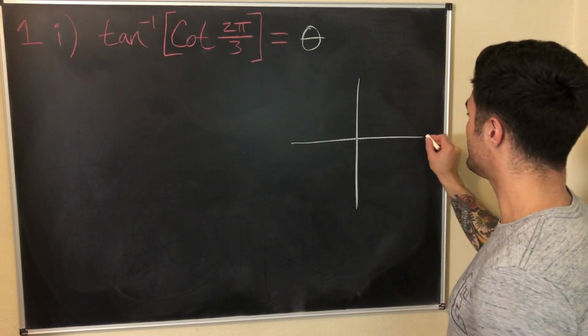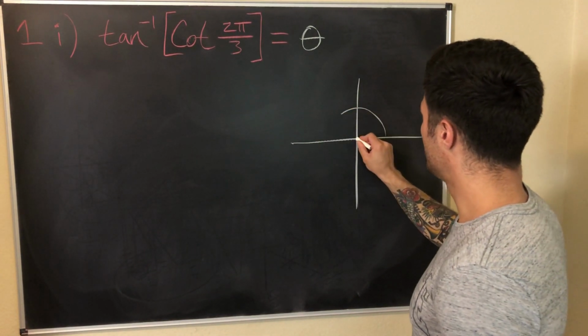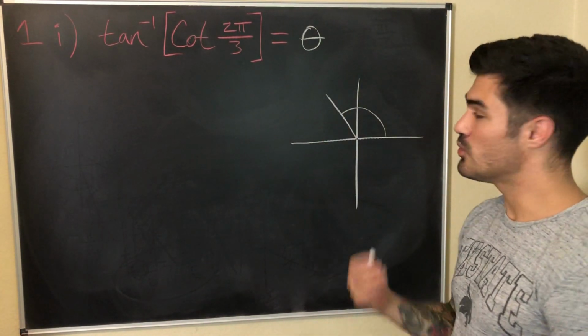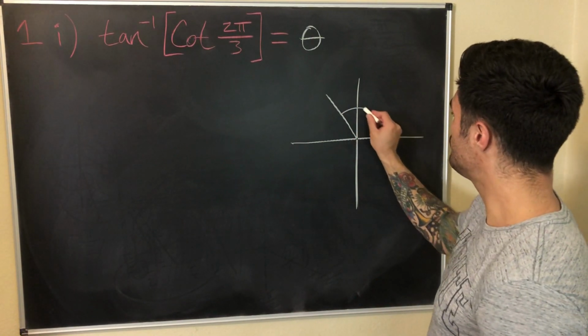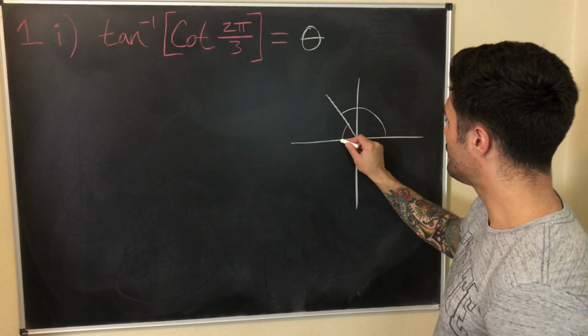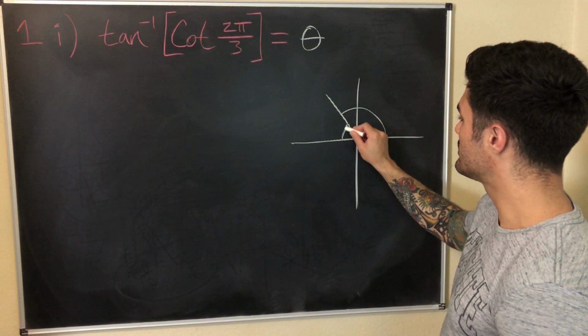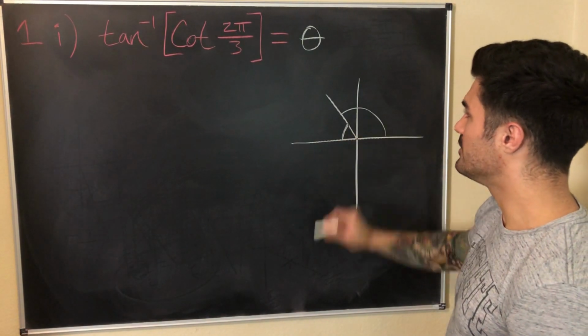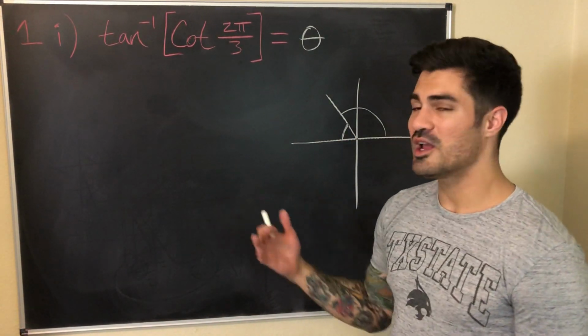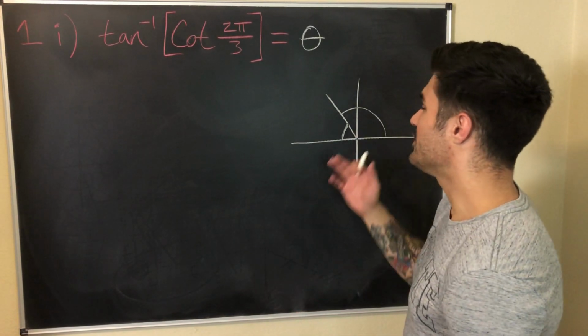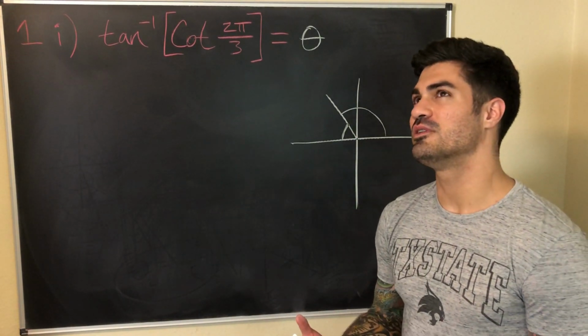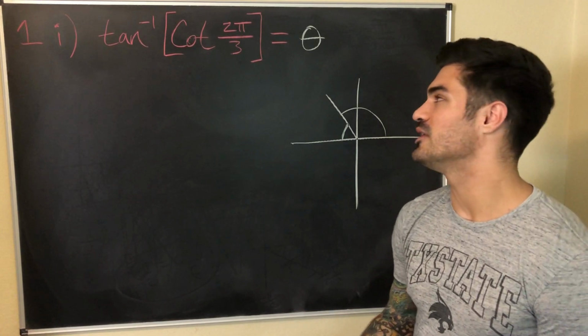So 2 pi over 3, let's draw a quick sketch. 2 pi over 3 is right about there. So what's our reference angle? Well, we find it by drawing down to the x-axis. So that's pi over 3. So what kind of values do we get when we take the cotangent of pi over 3? Well, that's root 3 over 3.